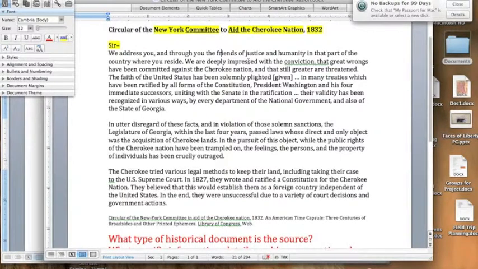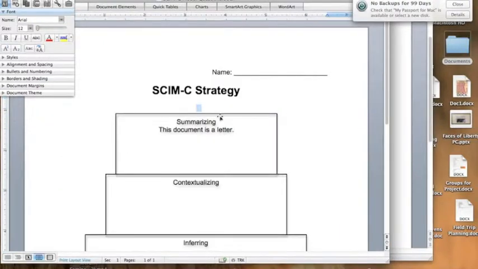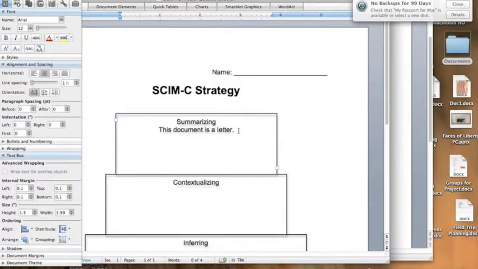So this letter is probably going to be from the perspective of people who saw the Indian Removal Act in effect and believed that this was hurting the Cherokee Nation, and this letter is probably a plea to help them. So now what I'm going to do is add this new information to our graphic organizer.